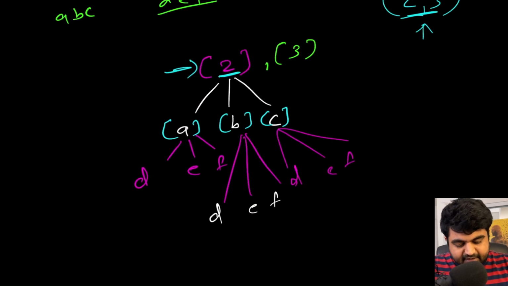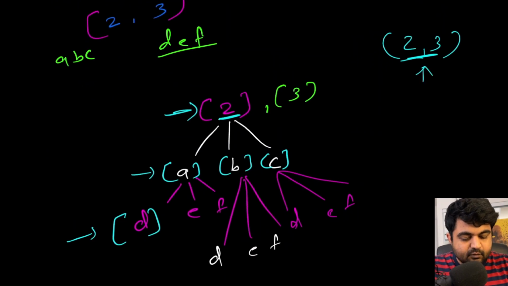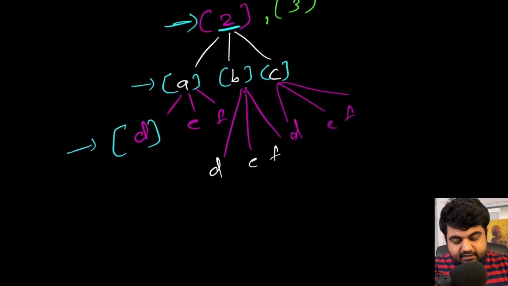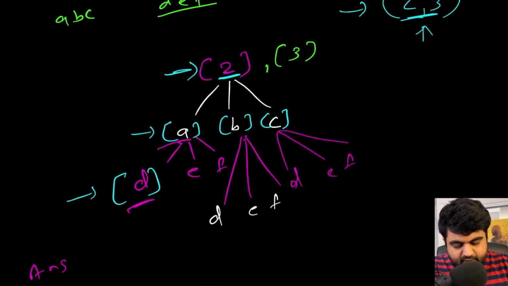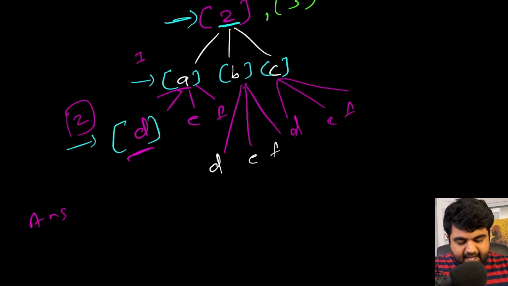So after creating this possibility, we still have to wait to add the values to the answer until we find the path where the index position matches the total number of inputs we are given. The moment this condition matches, we add it to our answer list. Over here we had one character, but now we have 2 characters, and the input also has 2 digits, so we add AD to the answer.